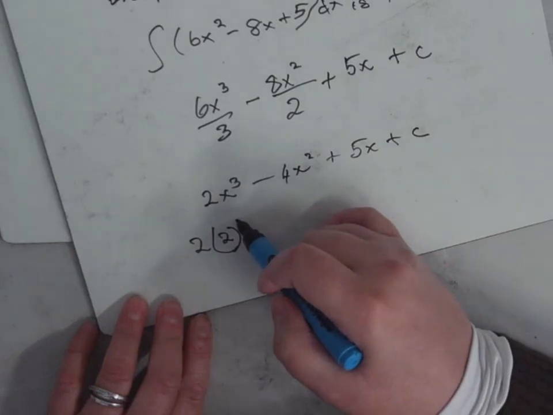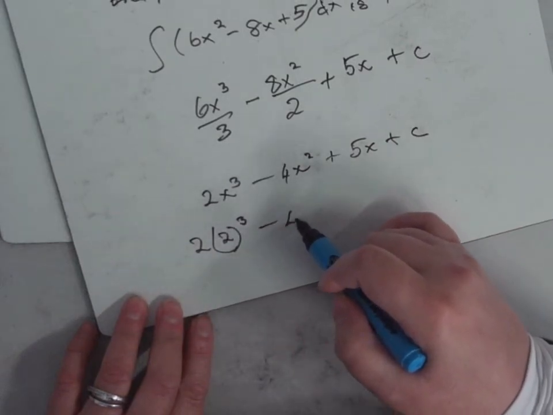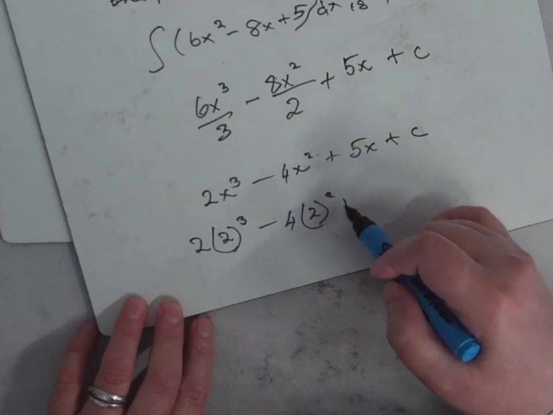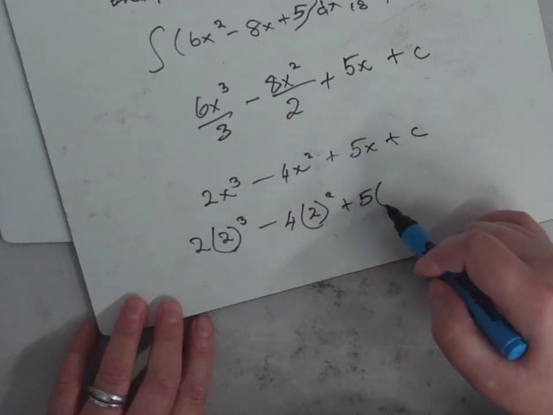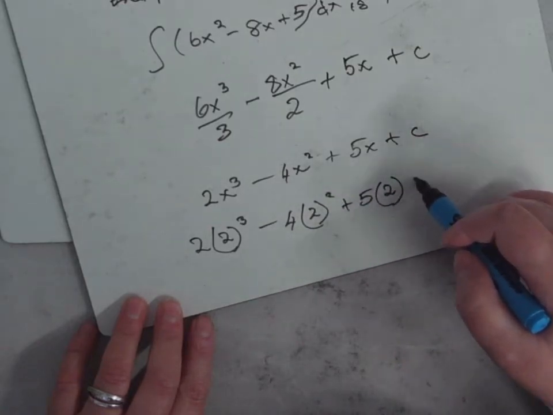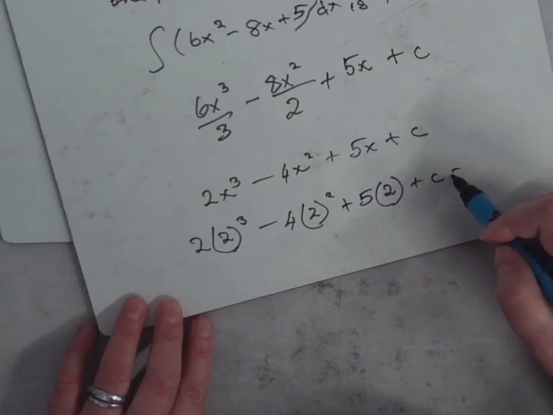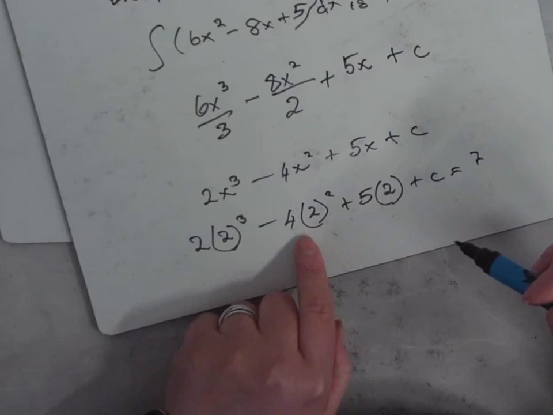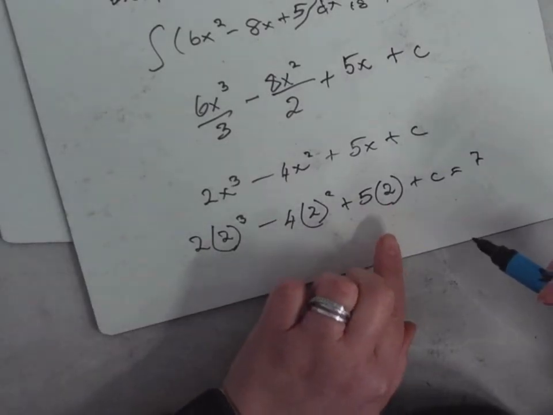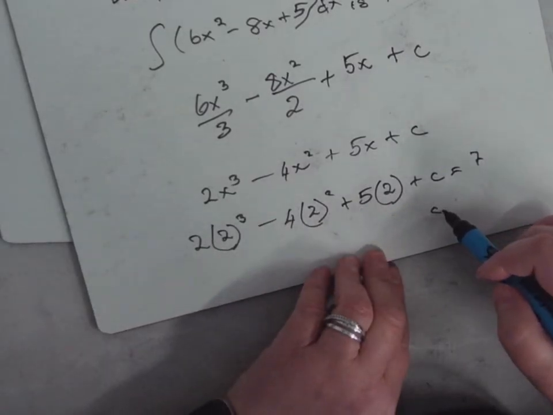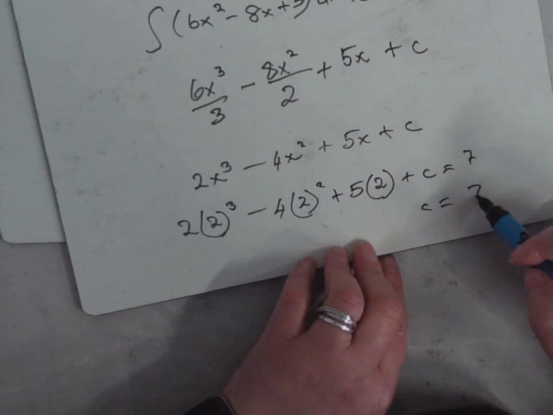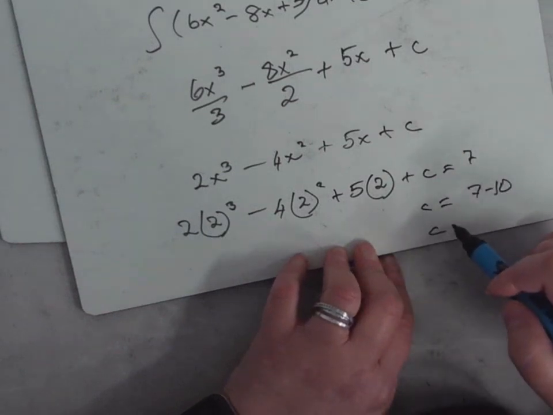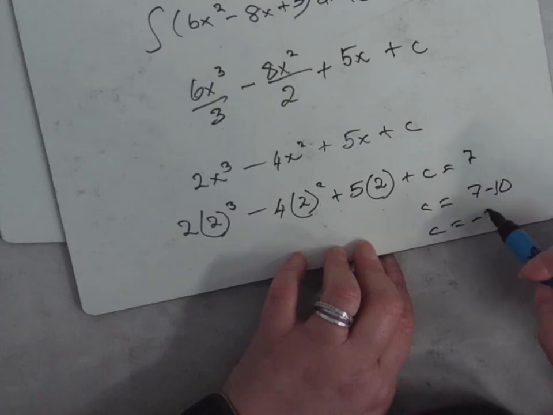So it's 2 times 2 cubed minus 4 times 2 squared plus 5 times 2 plus c, and the answer is going to be 7. So 2 cubed is 8, that's 16, minus 16, they cancel each other out, that's 10. So c is equal to 7 minus 10. So c is equal to minus 3.